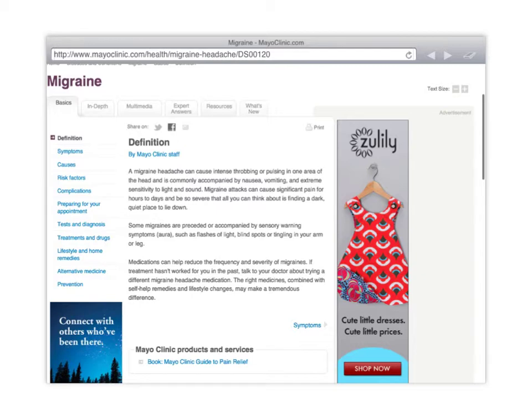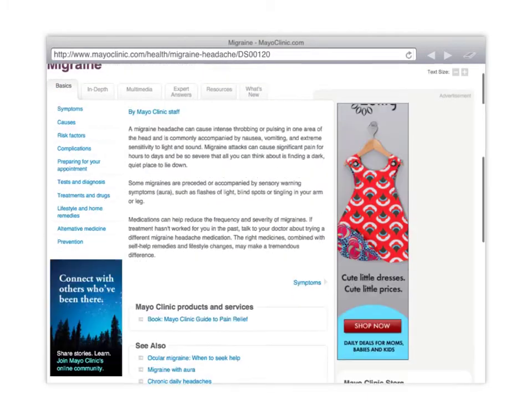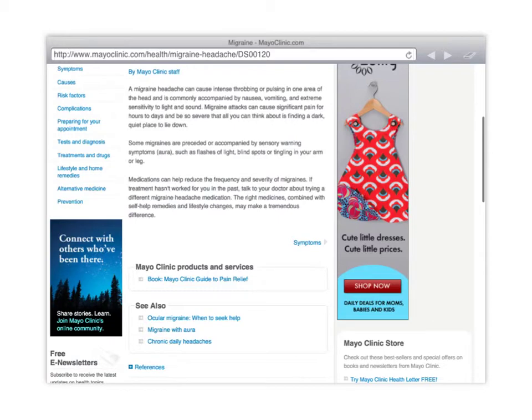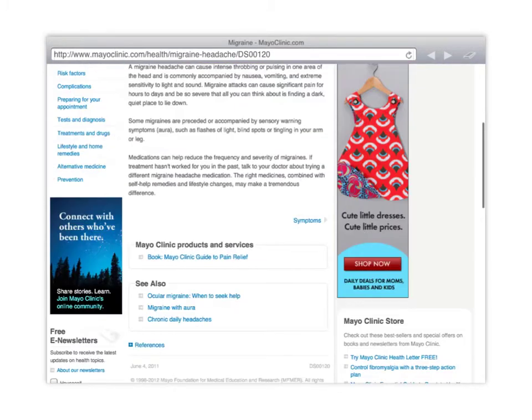A couple things we notice are some advertisements to the right and left of the page. On the right we see an advertisement for a dress, I guess, and on the left we have this other one, connect with others who've been there. So we have not so much an advertisement for a product, but an advertisement for a service that the Mayo Clinic already offers.